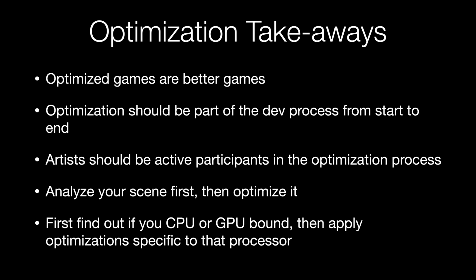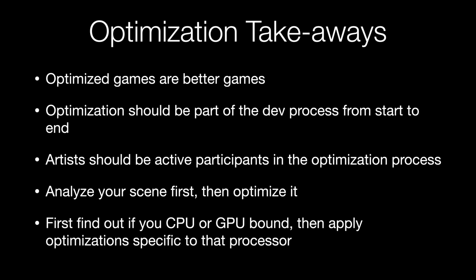Here are some key takeaways from this series that I hope you've learned. Optimized games are better games. Optimization should be part of the whole development process from start to end. Artists should be active participants in the optimization process. Analyze your scene first and then optimize it.